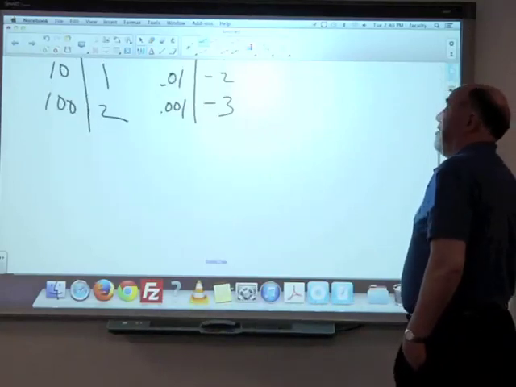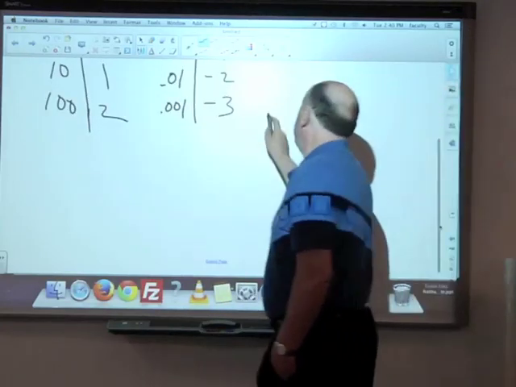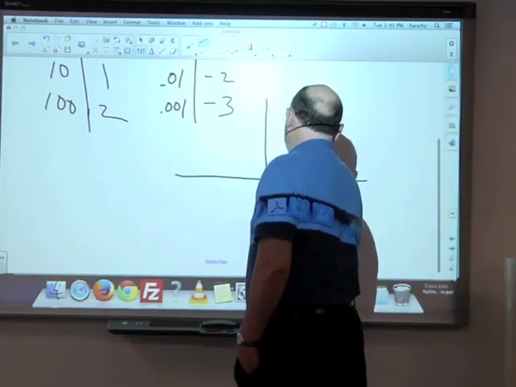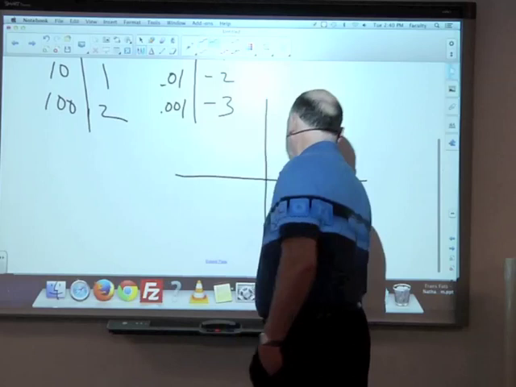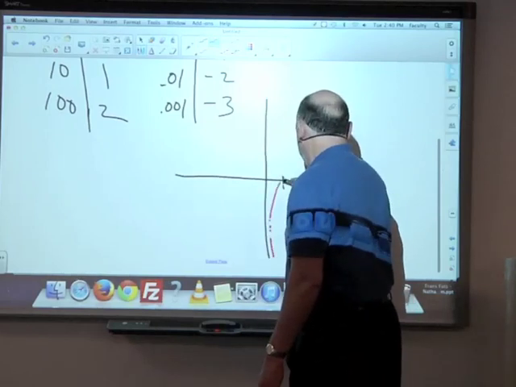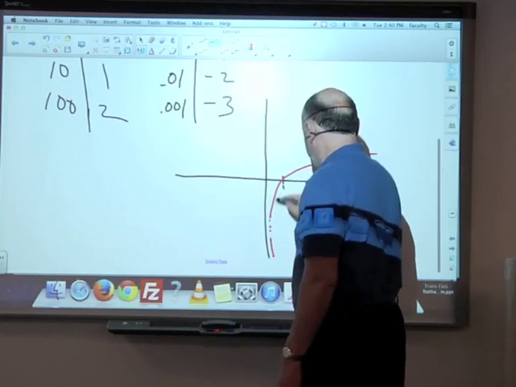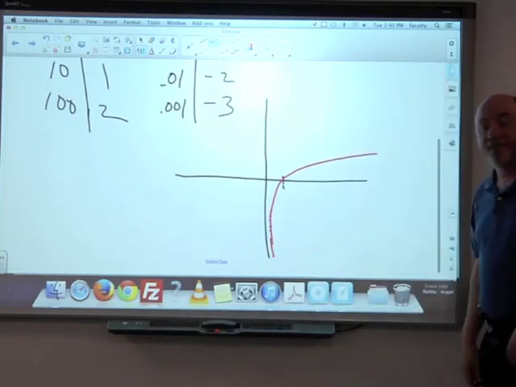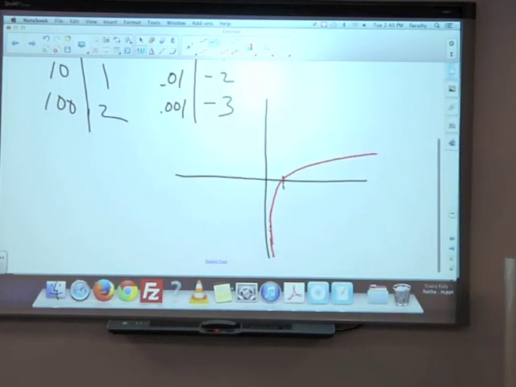So I can only do logarithms of numbers that are positive. Right? So if I graph my log function, it's going to look like this. So that'll be my graph of my basic log function.